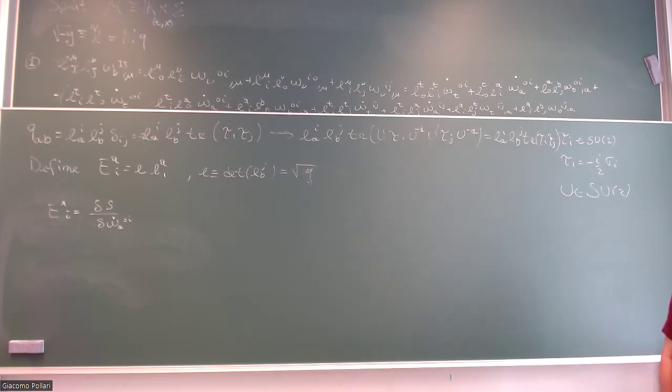If you have the Hamilton Jacobi. There is no omega without the dot in the action, so it doesn't really matter. It's the same, because there is no curve in the action which does not have omega without dot. I mean, you don't care about the other derivatives.